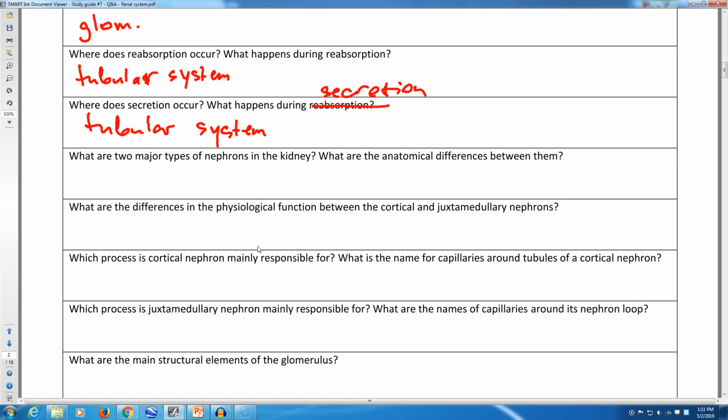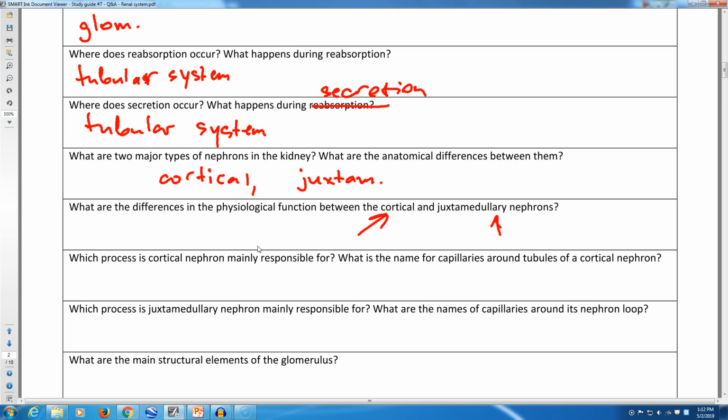Two major types of nephrons: cortical and juxtamedullary. Main anatomical differences: cortical is in the cortex; in the juxtamedullary nephron, the nephron loop is deep in the medulla. Cortical: electrolyte and acid-base balance.